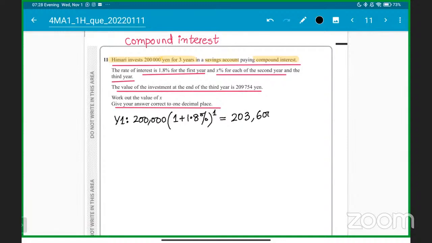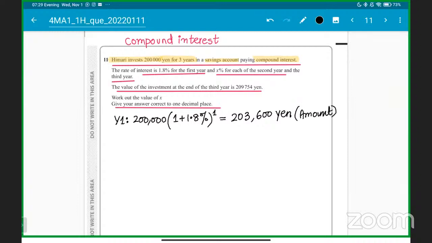Okay, got it? Clear? Understood? Yes, sir. So 203,600 was the amount at the end of year 1.